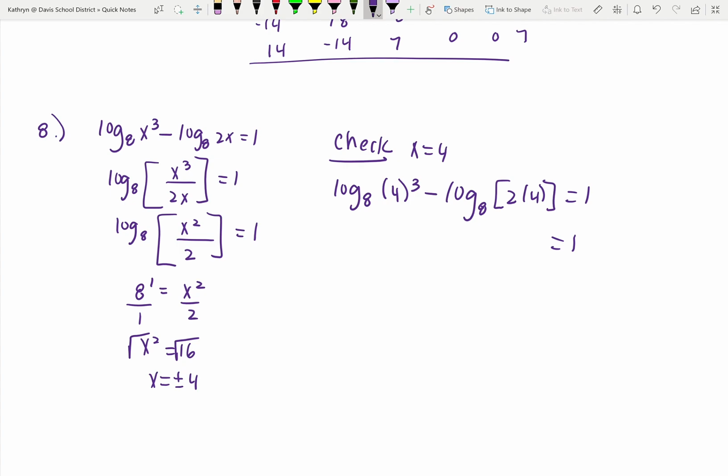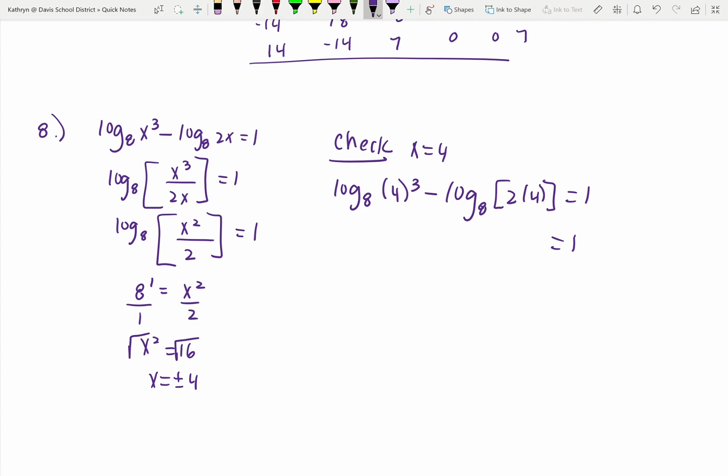You go log 4, close it off, raise it to the third, divided by log 8, close it off, minus log 4 times 2 is 8, so we could put in an 8, divided by log 8, close it off, hit enter, and I got not a 1.